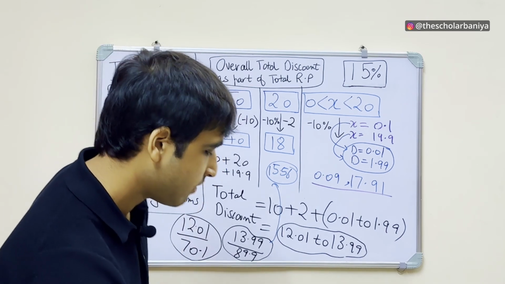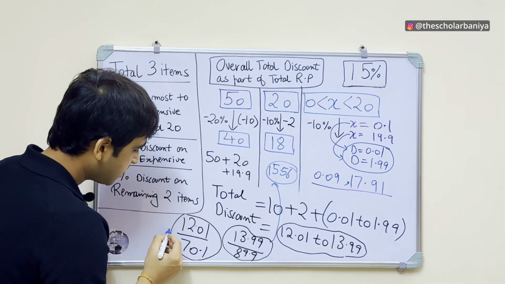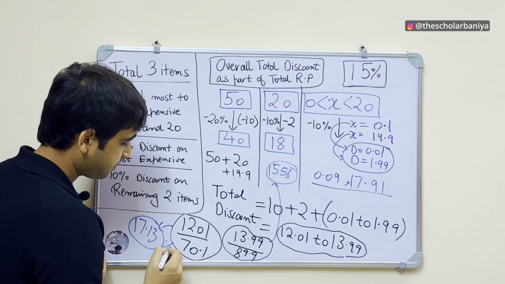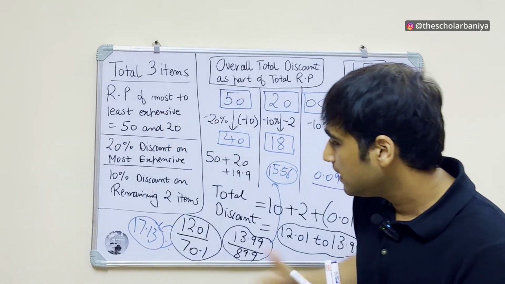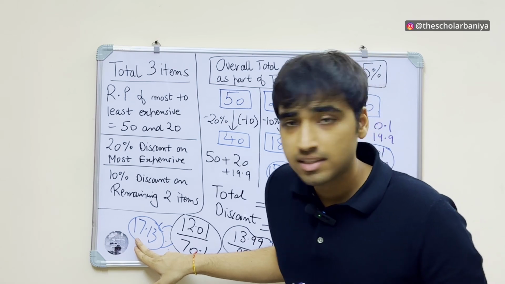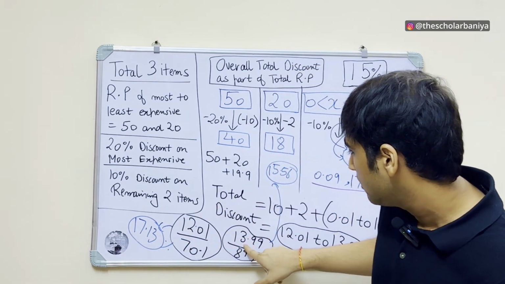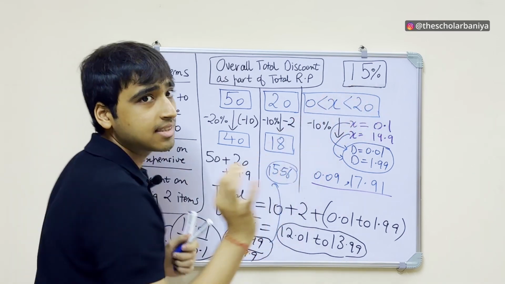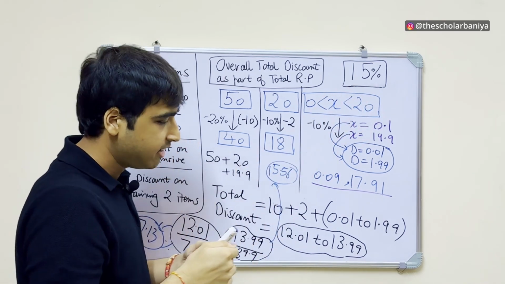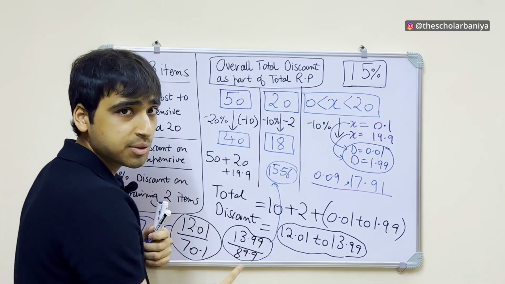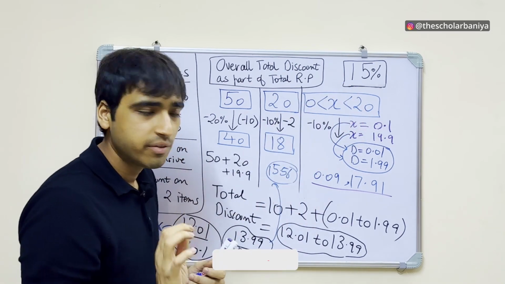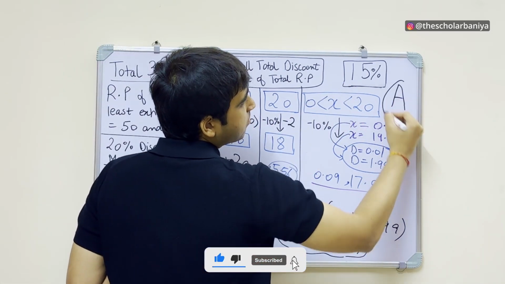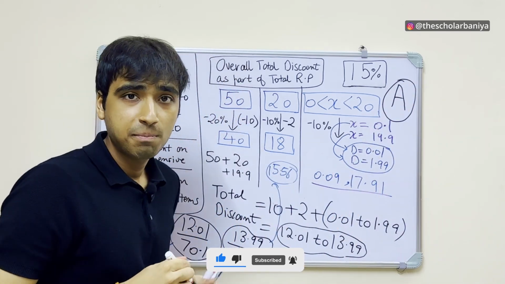This comes out to be 17.13%. So if you see in this case, the answer is 17.13. In this case, the answer is 15.56. So in both the cases, the answer is greater than 15%, right? In this case also and this case also, the answer is greater than 15. So your final answer becomes what? A. I hope this should be clear.